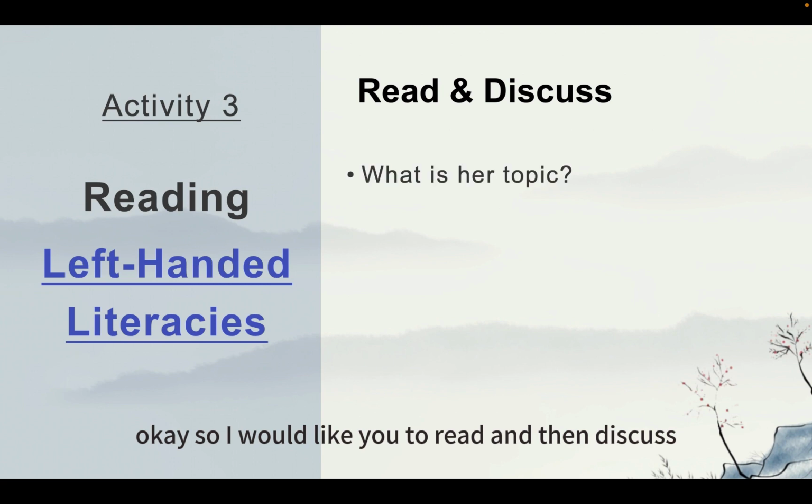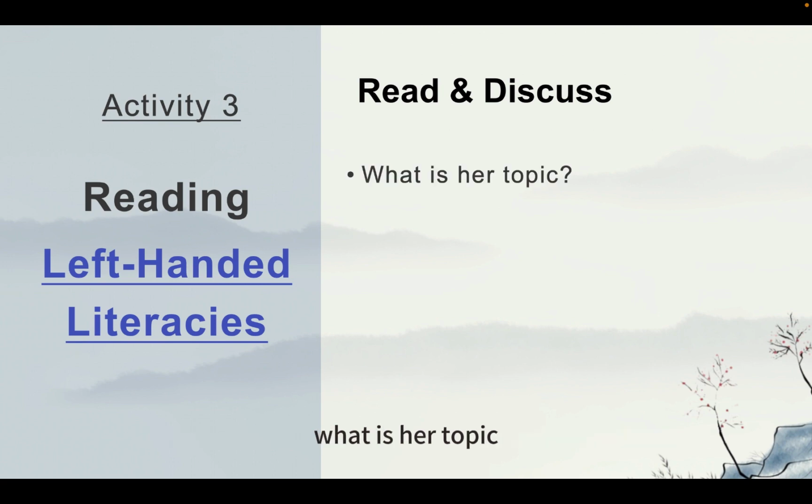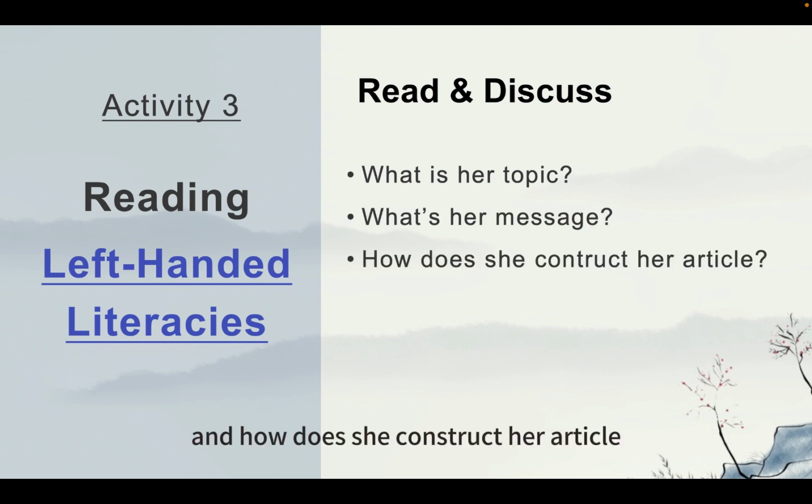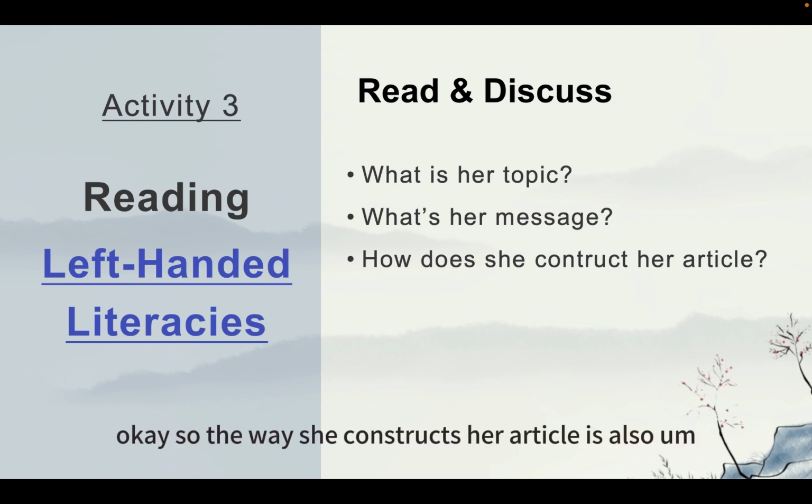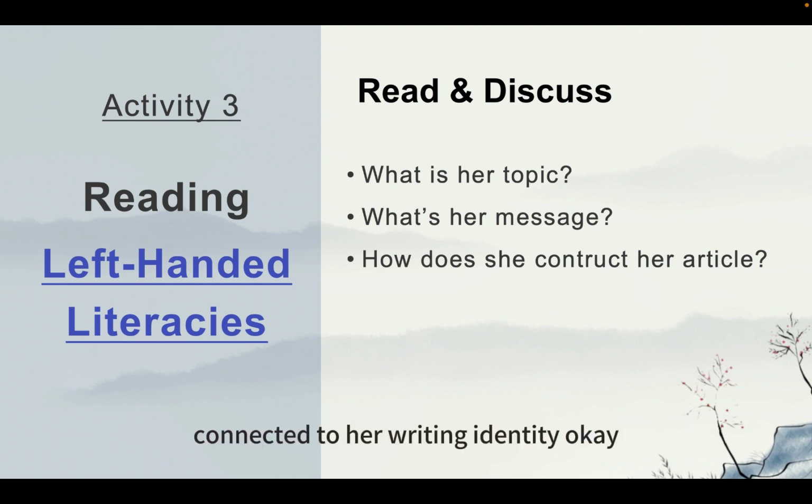Okay, so I would like you to read and then discuss what is her topic, what's her message, and how does she construct her article. Okay, so the way she constructs her article is also connected to her writing identity.